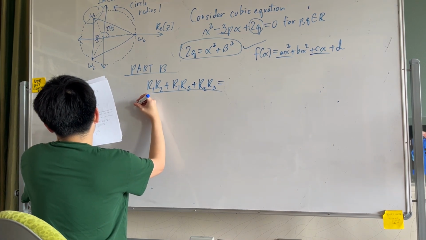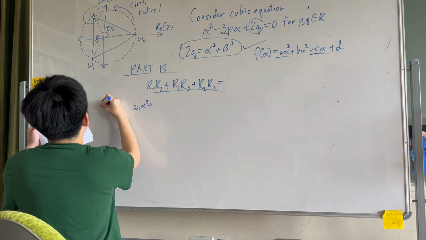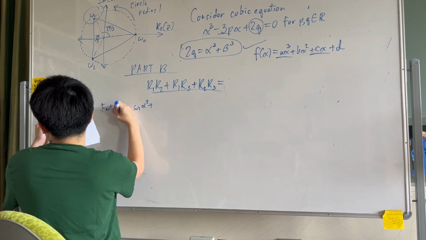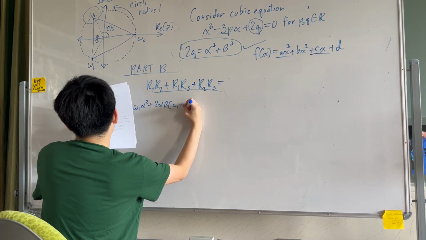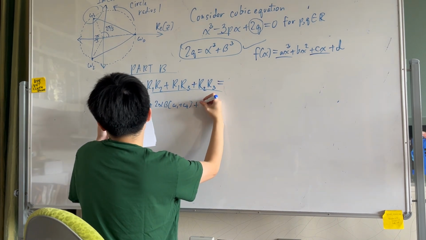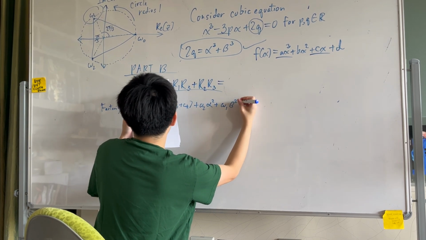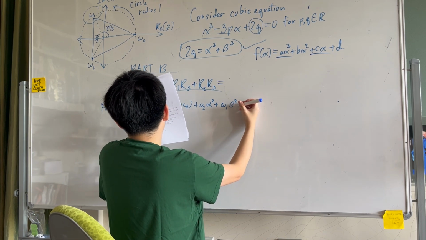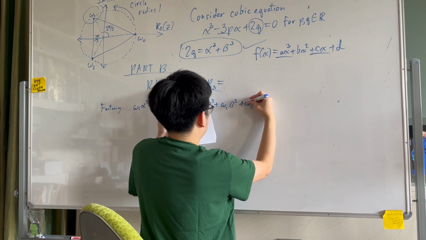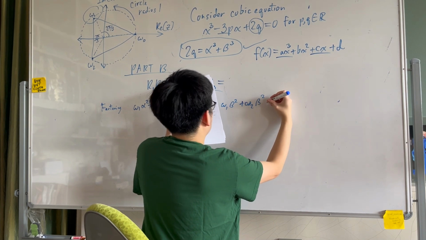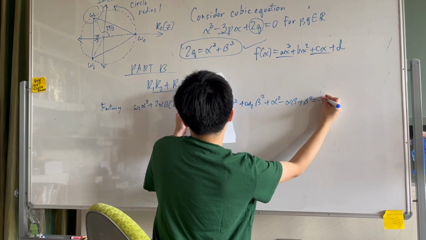So then that is omega 1 alpha squared plus, this line here is just clever factoring, plus 2 alpha beta (omega 1 plus omega 2) plus omega 2 alpha squared plus omega 1 beta squared plus omega 2 beta squared plus alpha squared minus alpha beta plus beta squared equals minus 3p.